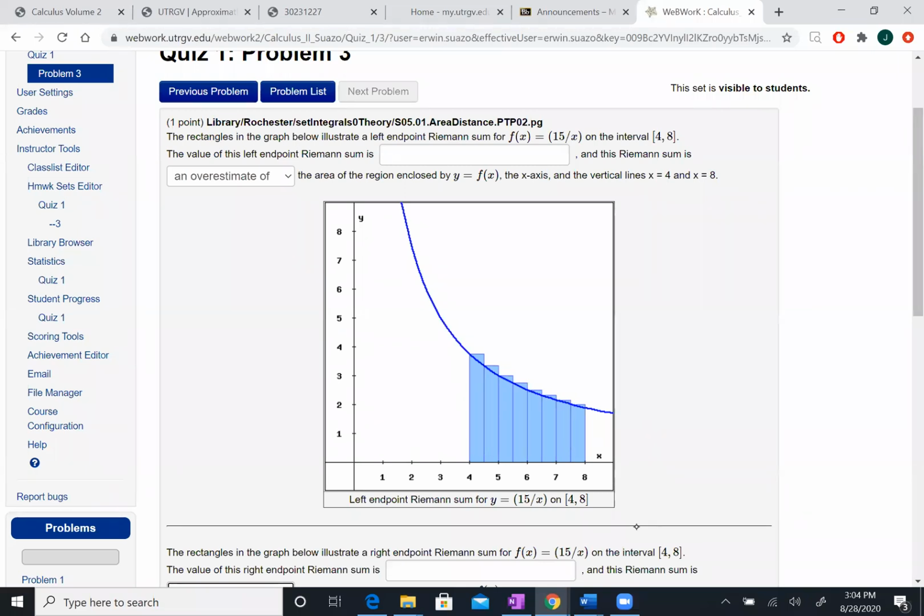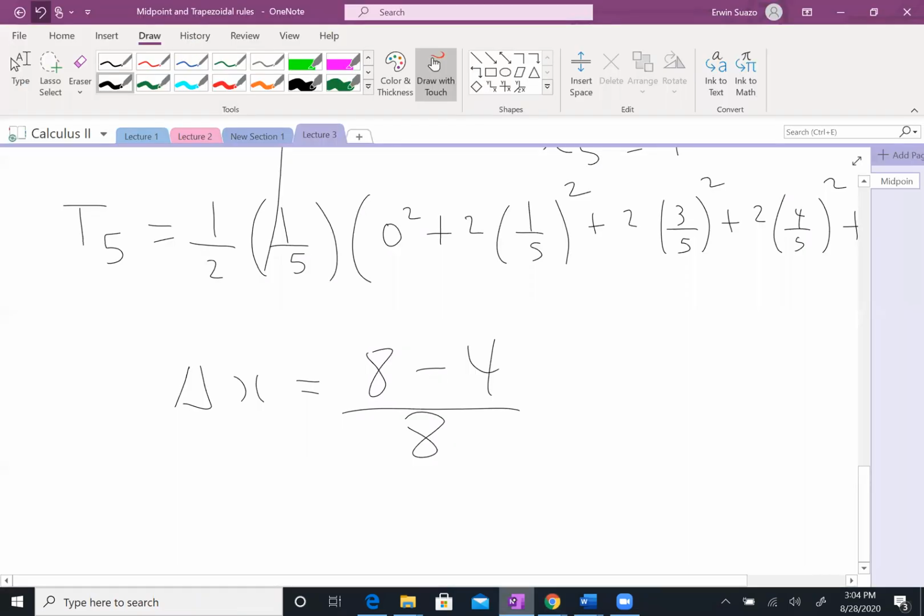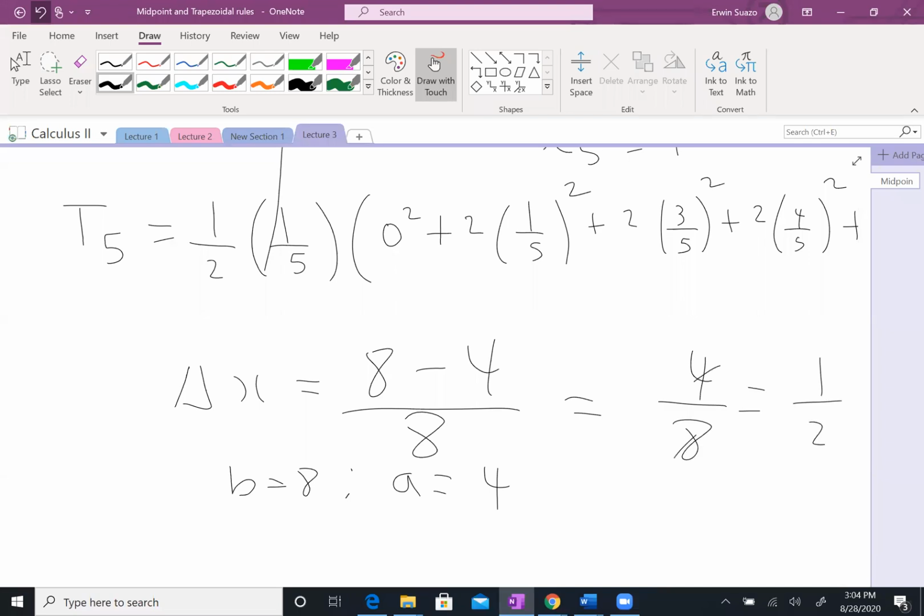So a equals 4, b equals 8. So we get 4 divided by 8, which is 1/2. So our increment is 1/2.